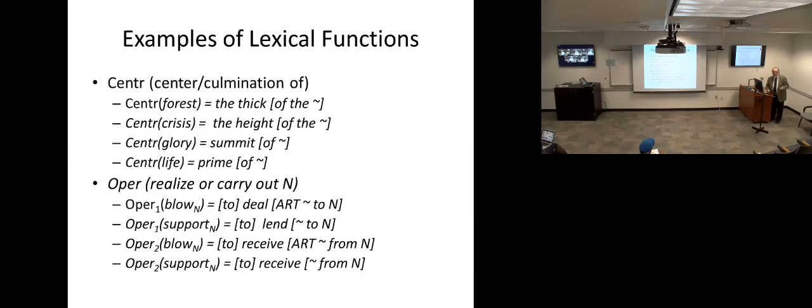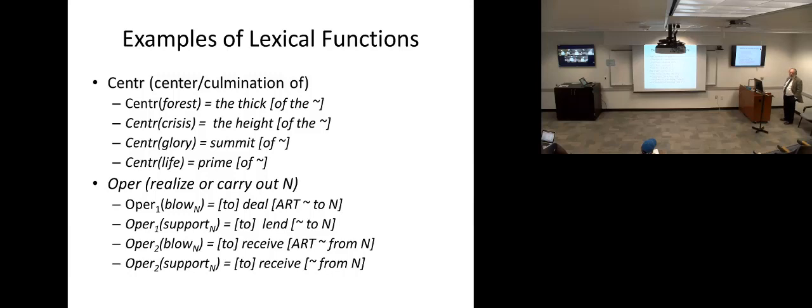here's some examples of lexical functions, which are these relationships between the words. So you have sent. Oh, by the way, the names that Melchuk uses are in Latin, but that's just because he can. There's no particular reason for that. So that's the root for center. Okay, so the center of a forest is the thick of a forest, right?